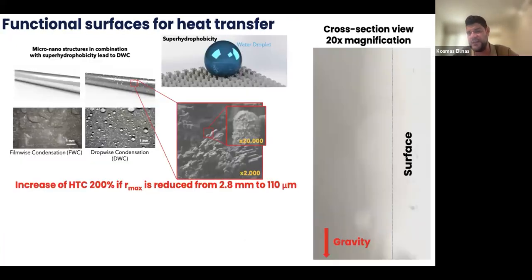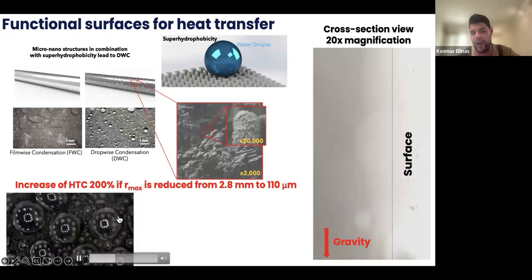And of course, as I said in the beginning, you can also use this kind of topography to enable dropwise condensation instead of filmwise, sorry for that, and increase the heat transfer coefficient of this kind of surfaces.